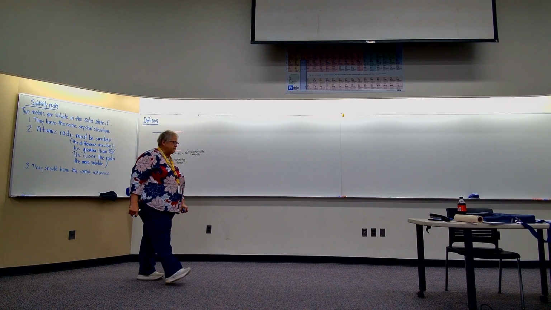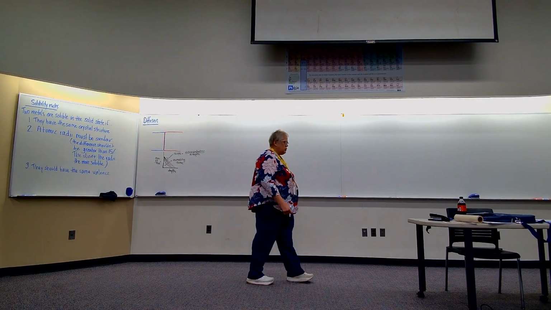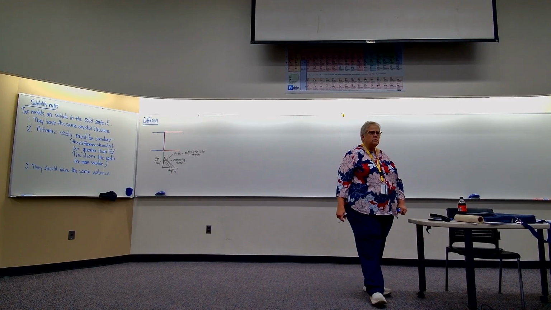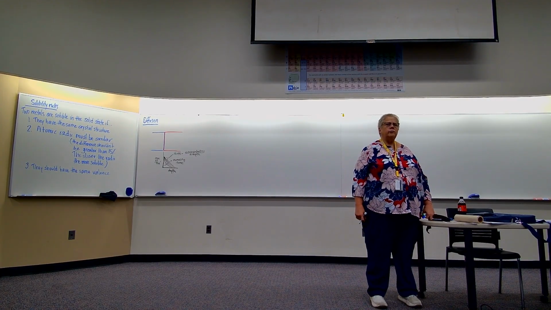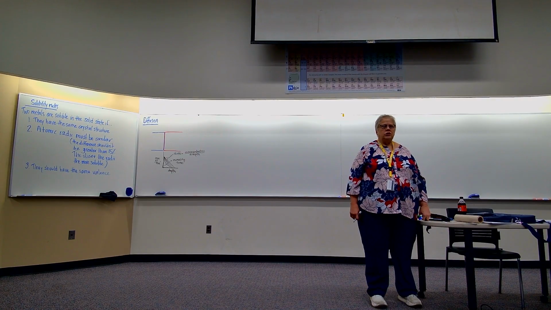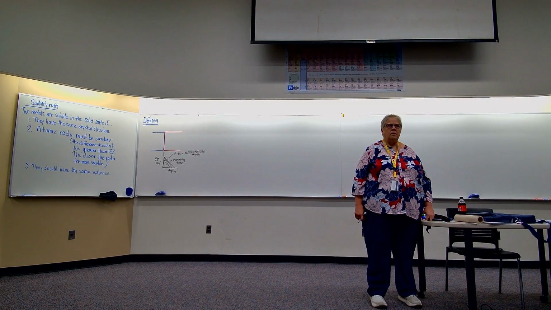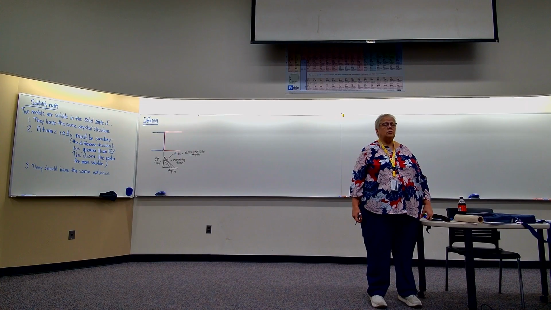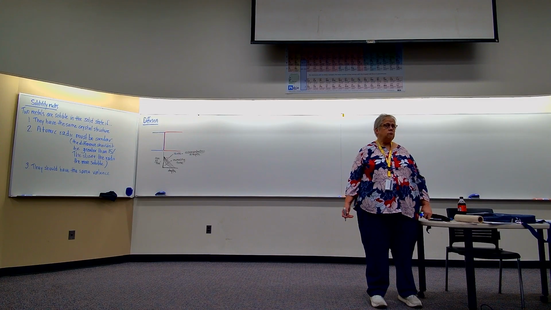So what might be units of concentration? What might be a good unit for concentration, if I'm looking for the concentration of something in a solution? Like, let's say I want to know the concentration of sugar in my tea. How might I express that?